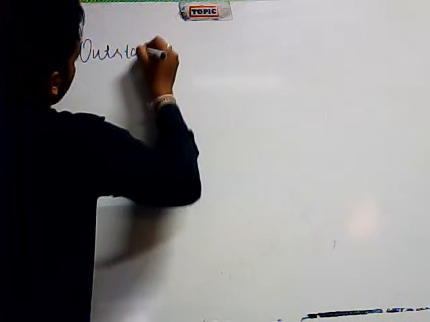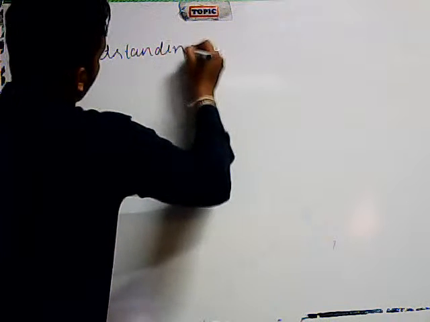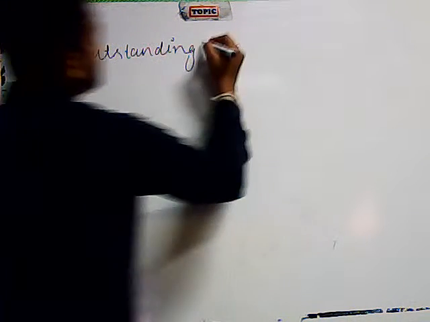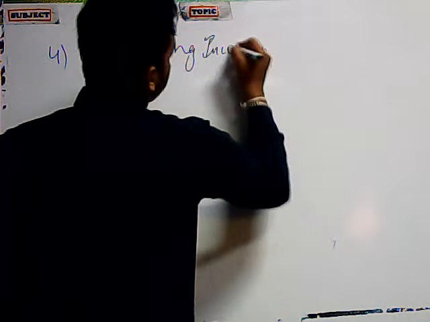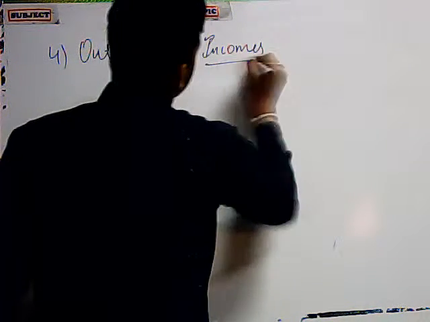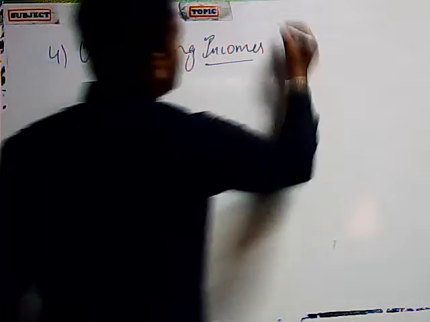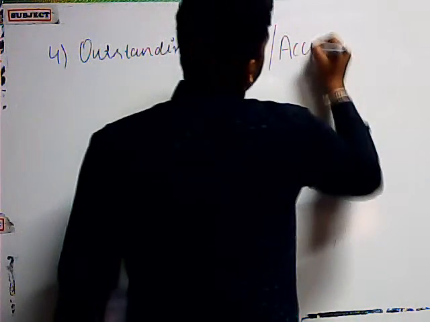Okay, class. Our next point is related with the adjustment, that is outstanding incomes. Here, outstanding incomes are also known as accrued incomes.